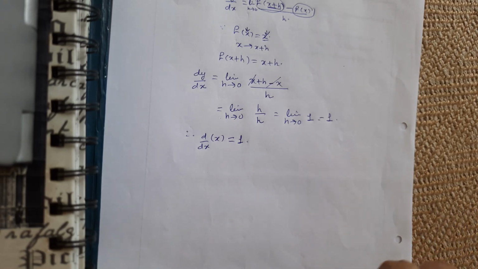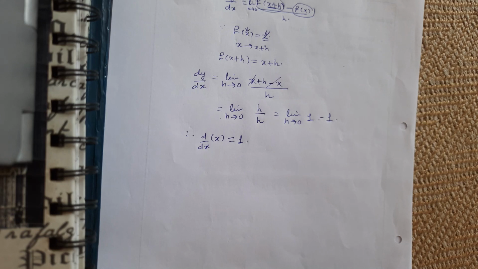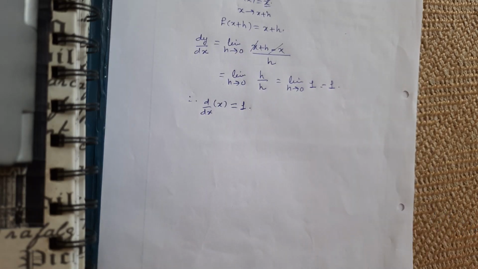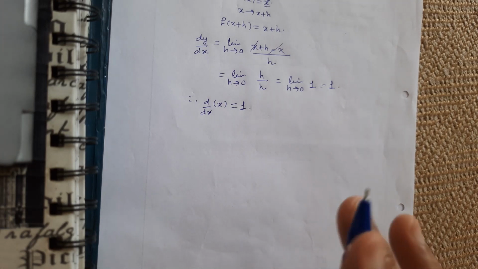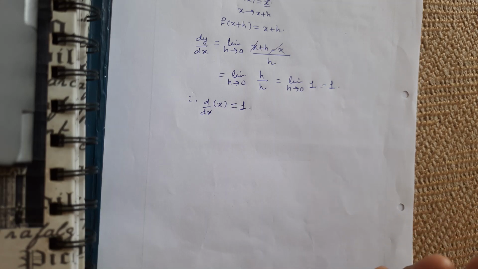Now every time I need a derivative, if I apply the first principle of derivative, it will be very difficult to find the derivative of the given function. So to overcome this problem, people define some standard derivative functions, and then we just use them to find the complicated derivatives.